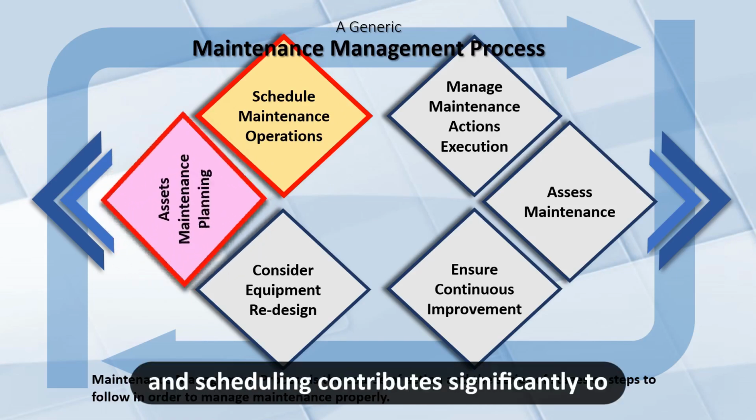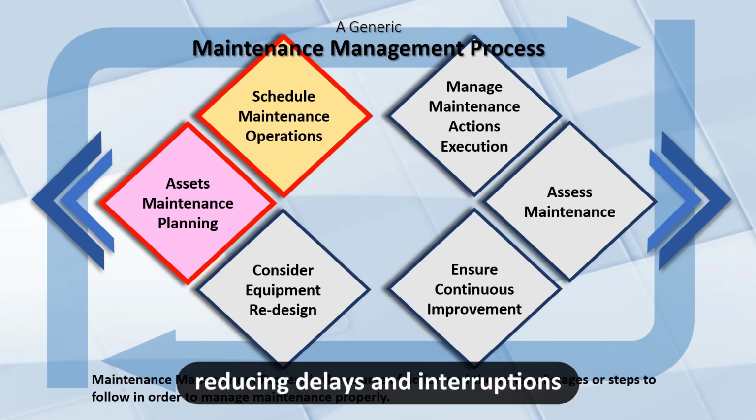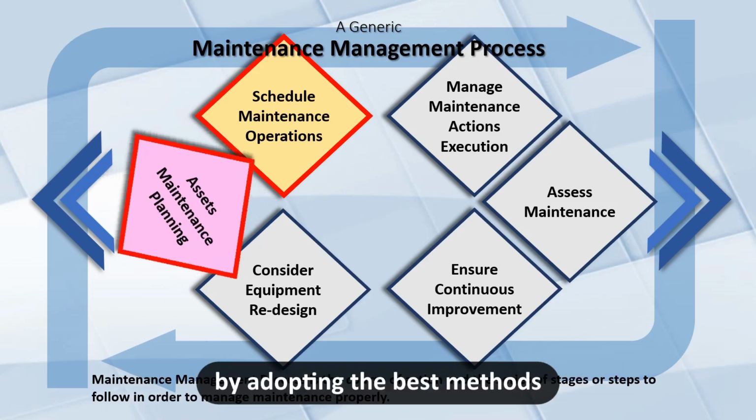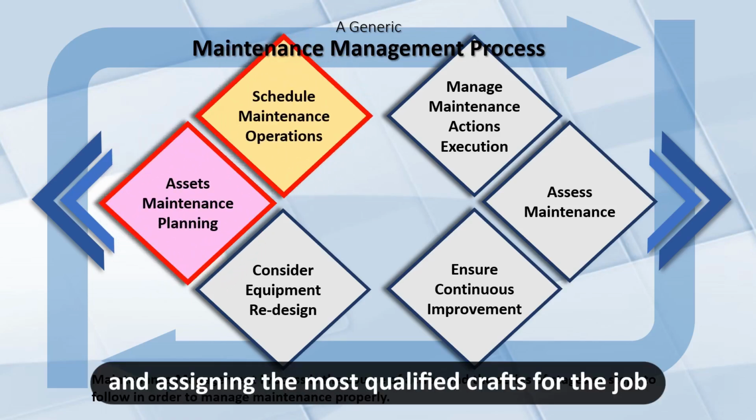Effective planning and scheduling contribute significantly to reducing maintenance costs, reducing delays and interruptions, and improving quality of maintenance work by adopting the best methods and procedures, and assigning the most qualified crafts for the job.